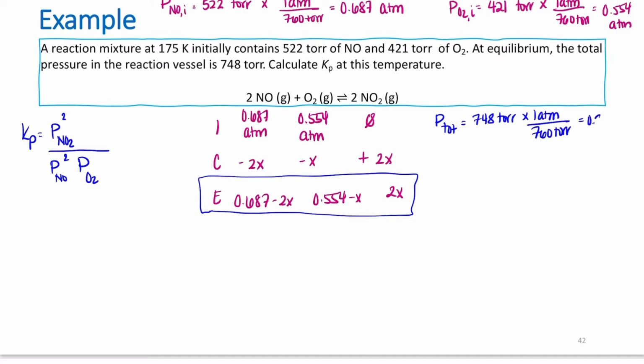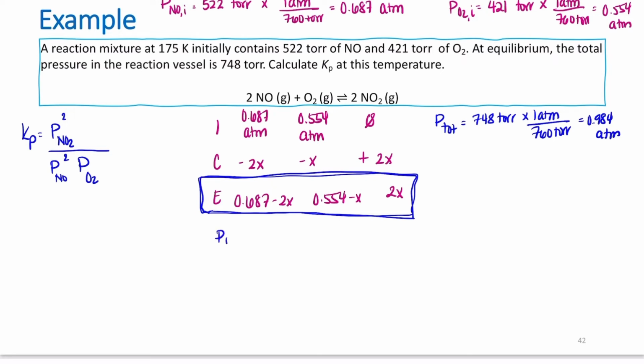Which is the same as 0.984 atmospheres. I know the total pressure of the system at equilibrium has to be a summation of all of these. These add up to the total pressure of the system at equilibrium.